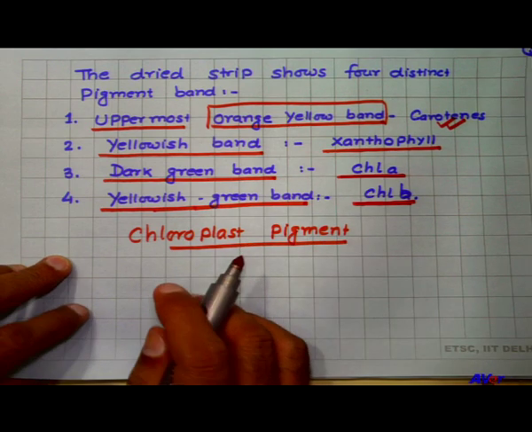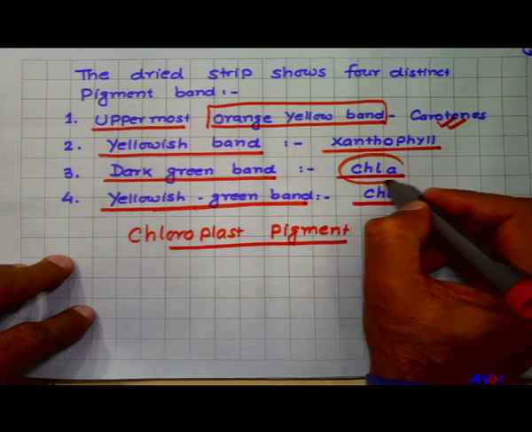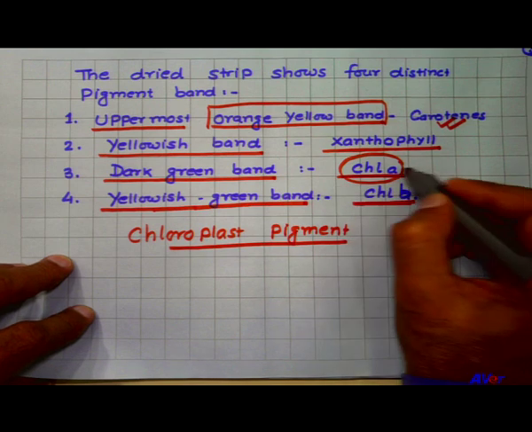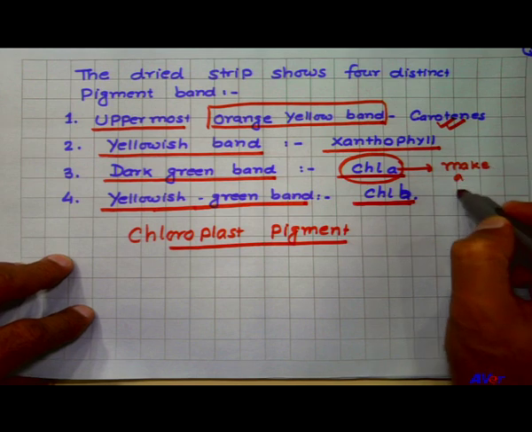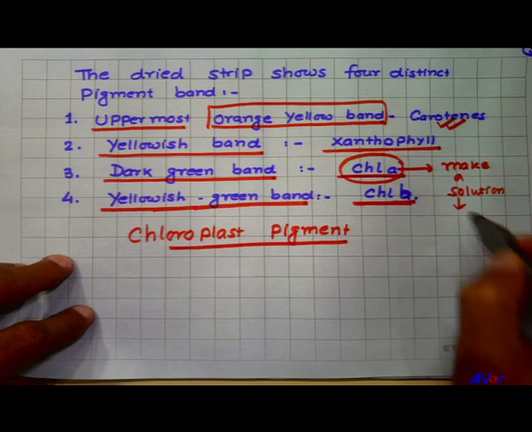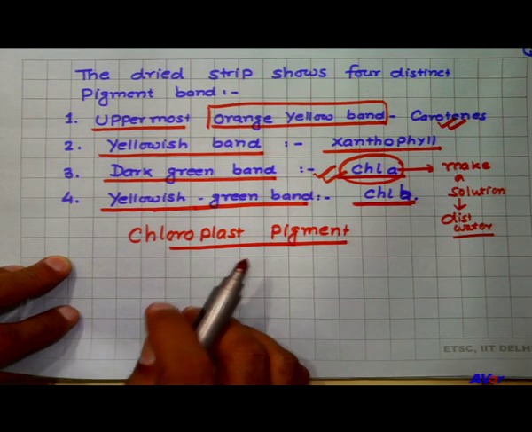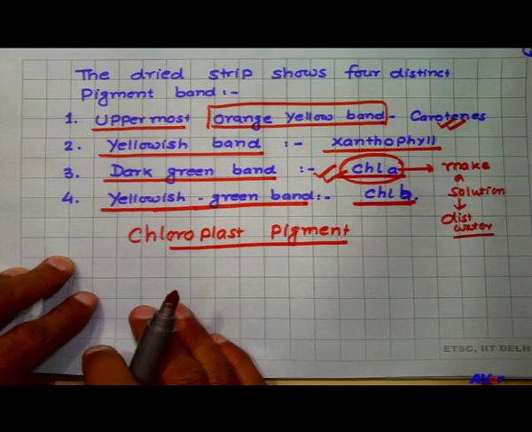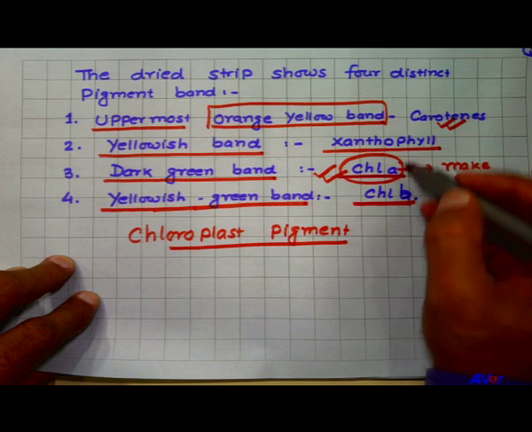When you want to work with chlorophyll A, cut this chlorophyll A band and make a solution with the help of distilled water, and you may work with the chlorophyll A. With different wavelengths, we can find the rate of photosynthesis at a particular wavelength.